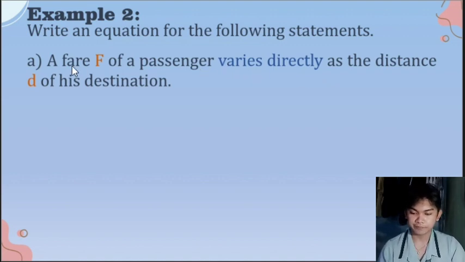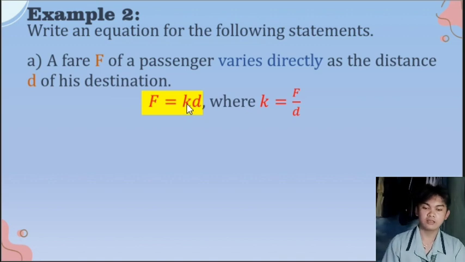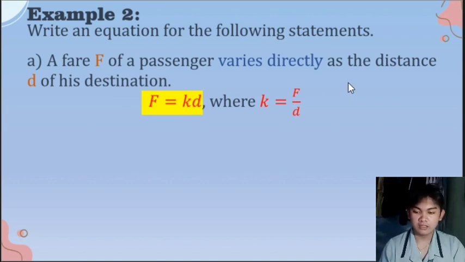So the first variable mentioned here is f. So f will be the variable on the left side. f is equal to k, and as I mentioned earlier, k is the constant of variation, or constant of proportionality, times the destination, since destination is mentioned after the statement "varies directly."